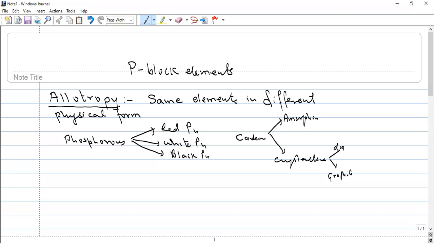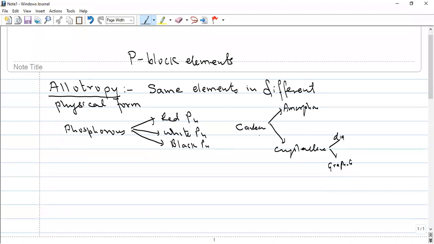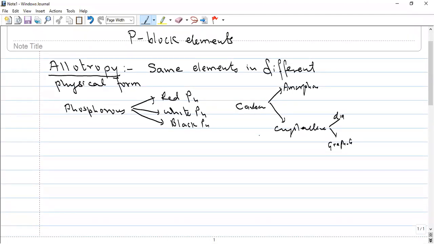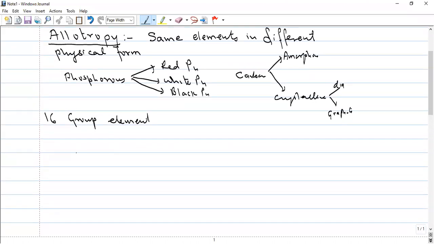We are going to see allotropy of group 16. Allotropes are mostly shown by group 16. In group 16 elements, the first element is oxygen.